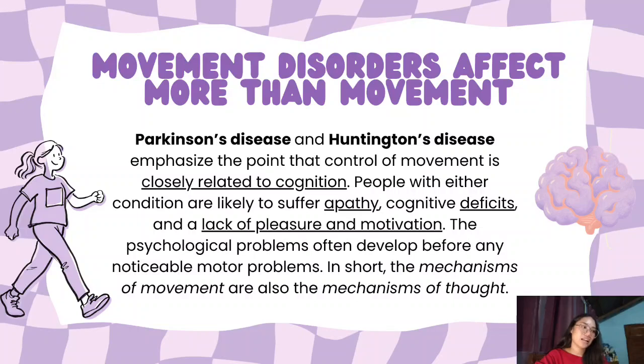Once again, a lack of pleasure and motivation means they can't enjoy life like a normal person, whether from an accident or a genetic hereditary disease, because they have a disease that prevents them from freely walking and freely talking without obstacles.